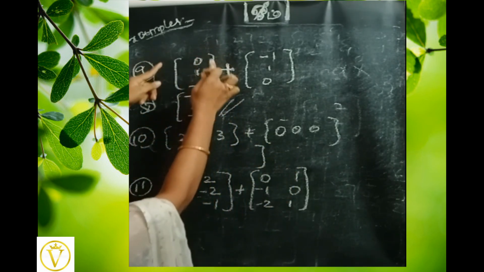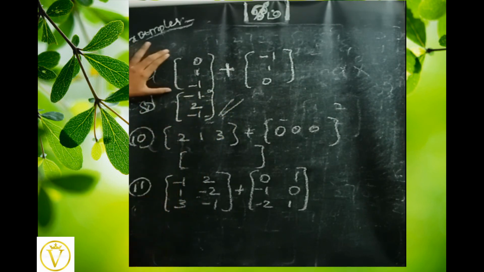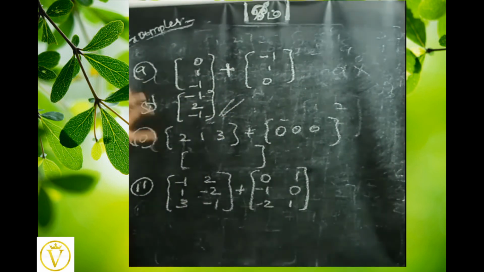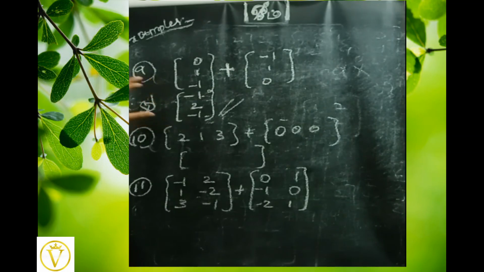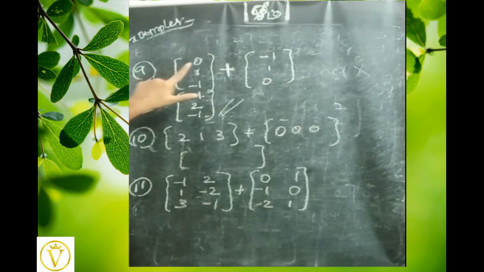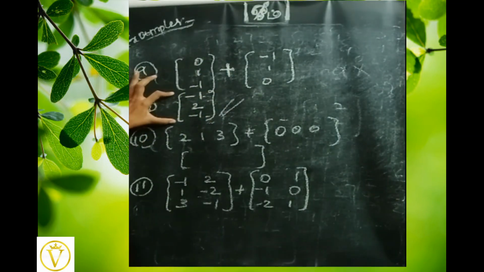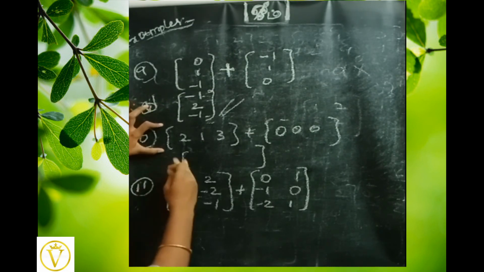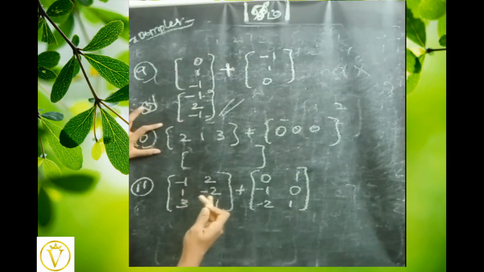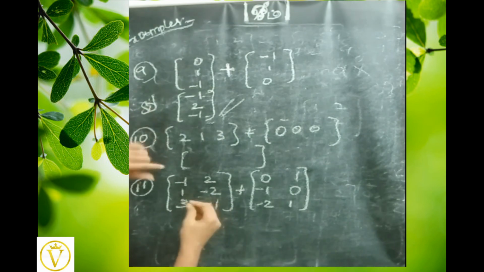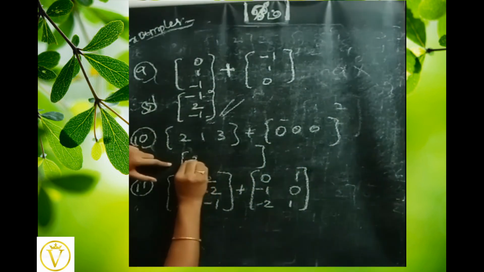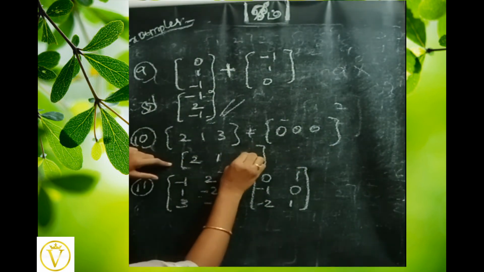For this they have given only one column. This is the column matrix. This is the row matrix. You have to show the answer in the column matrix only. Okay? 0, minus 1. This is the column matrix. Now here what have they given? Row matrix. So we have to show the answer as a row matrix only. So 2 plus 0, 2. 1 plus 0, 1.